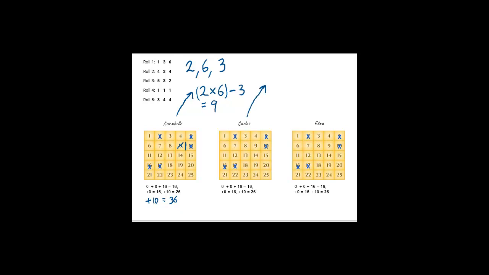Carlos, let's say he creates the following expression. 2 plus 6, so that's 8. And then he, for example, adds 3 also. So that's going to be 11. He marks the 11.